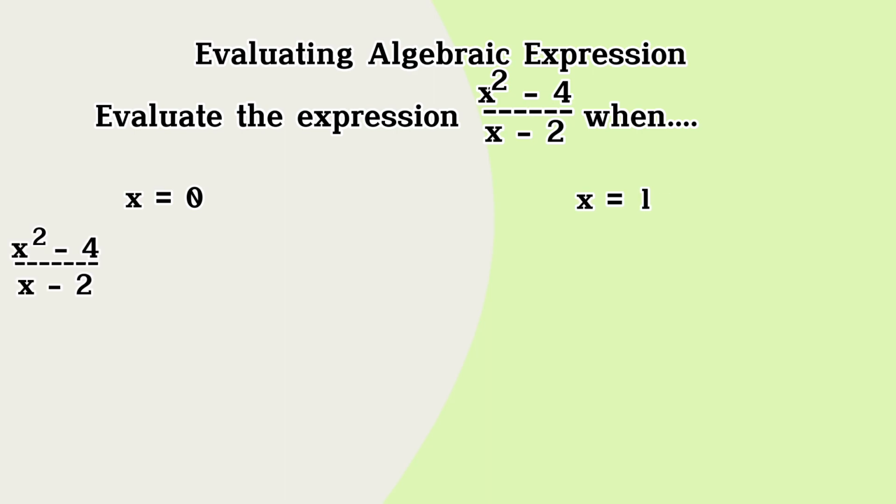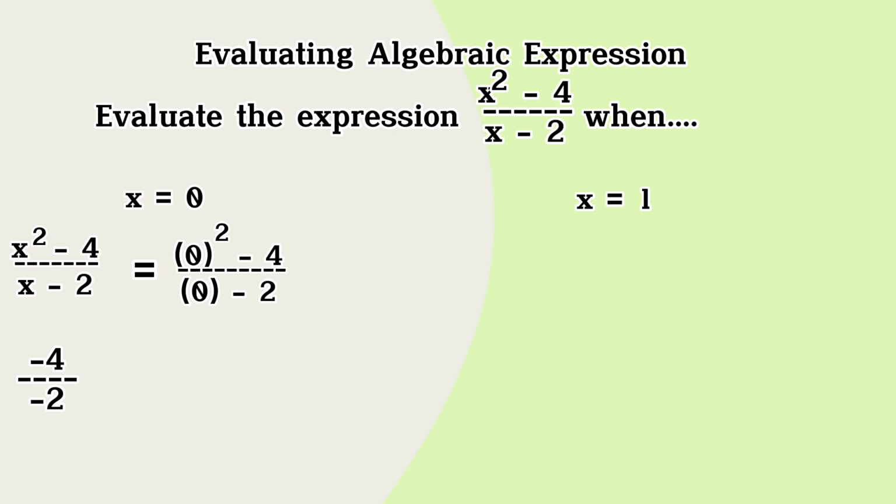So, x squared minus 4 all over x minus 2. Gawin na natin ito, i-substitute natin yung 0 sa x. So, magiging 0 squared minus 4 all over 0 minus 2. Since 0 times 0 is equal to 0, so 0 minus 4 is equal to negative 4.